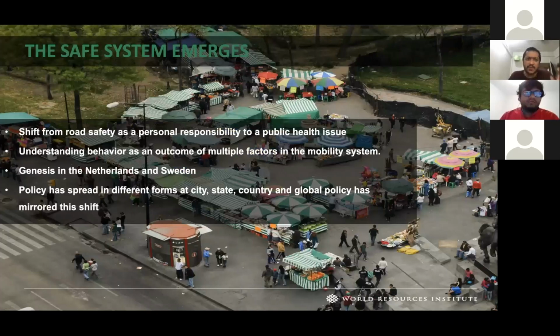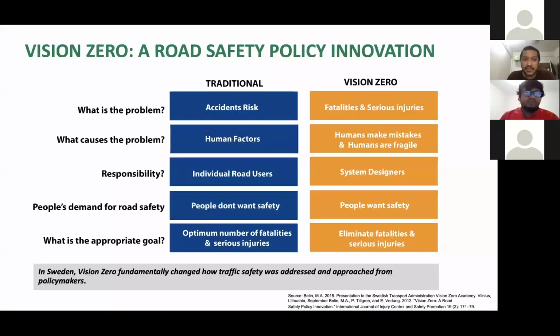The very word Vision Zero, which I think all of us are familiar with or have definitely heard, comes out of Sweden in 1997. Then the policy spread to different cities, like Washington, DC or New York City, and in different states, an entire country or a global policy has mirrored the shift.